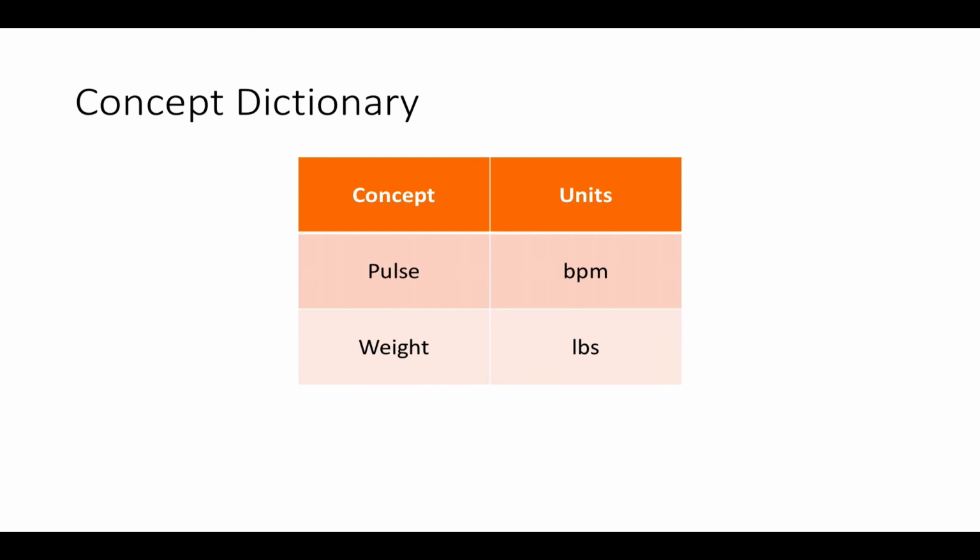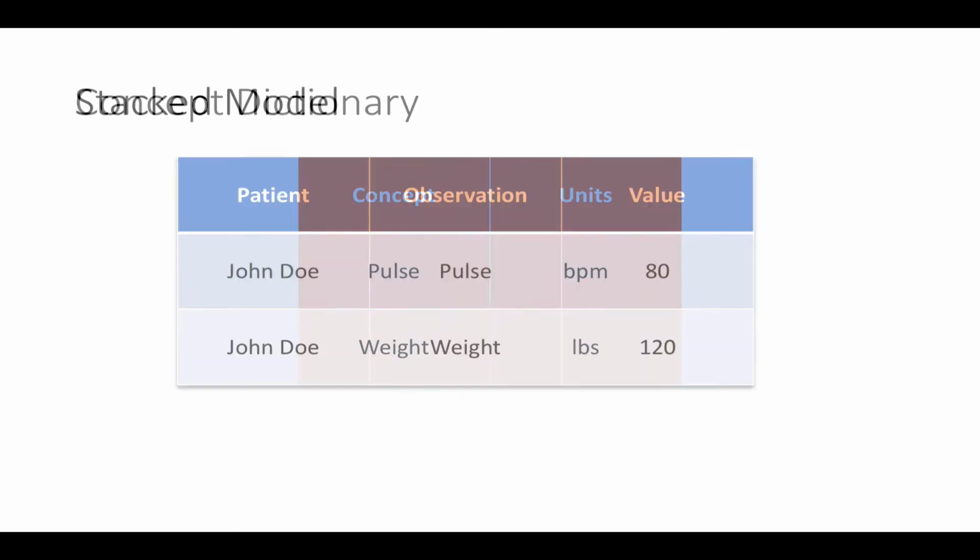That metadata, we define in a table we call the concept table or the concept dictionary. We're making a meta table, metadata about what is our medical data model, and so each entry, say pulse or weight, is entered in that concept dictionary.